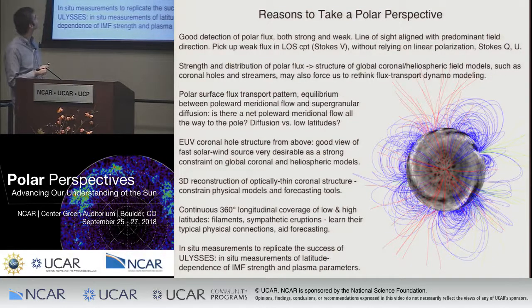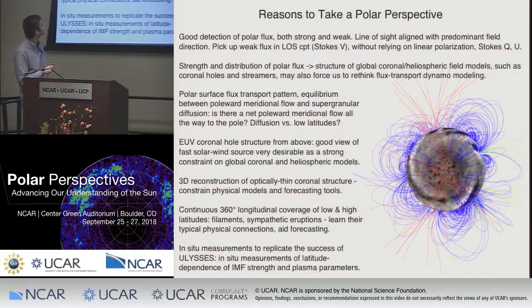This flux transport pattern is usually understood as the result of an equilibrium between forward meridional flow and supergranular diffusion. And if either of these processes behaves unexpectedly, say we have a counter-cell at the highest latitudes, or we have bizarrely slow diffusion in these very strong facular structures, then that would change the modeling as well.